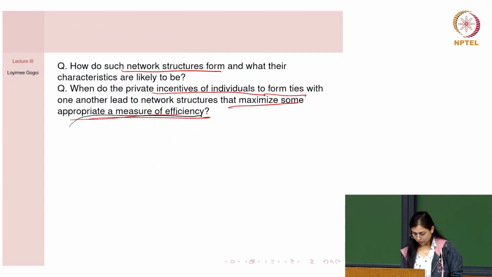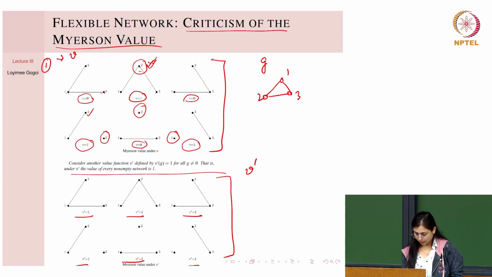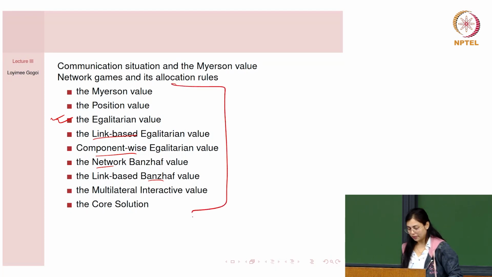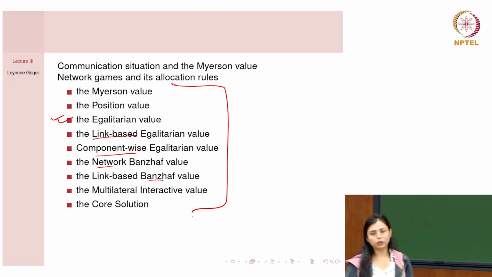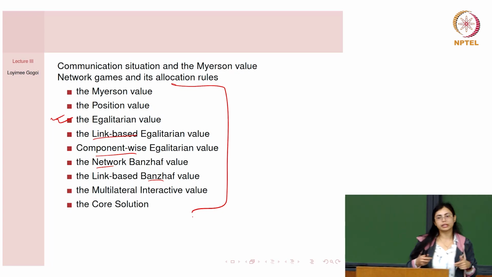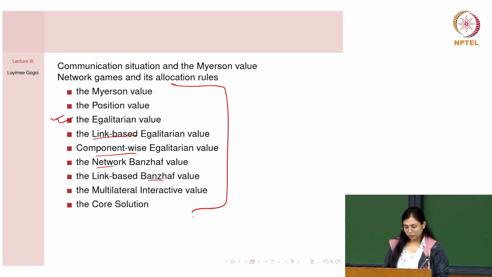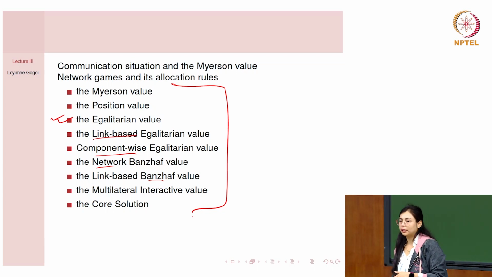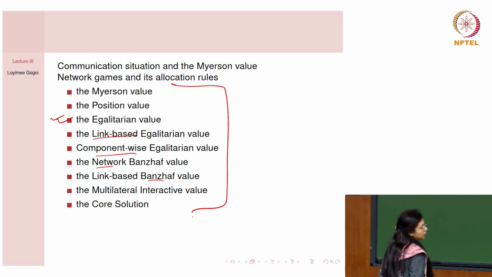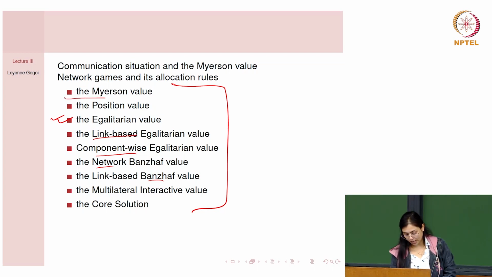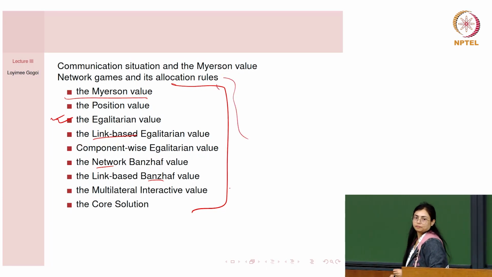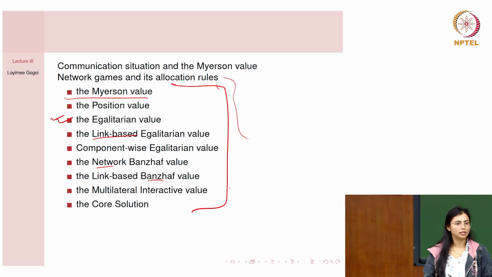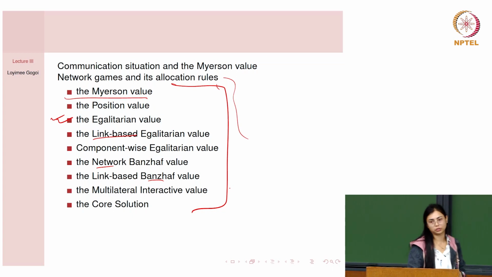But I mentioned a lot of allocation rules in the last class also. We can have this many allocation rules, or we can talk about more. For different situations, if we apply some allocation rule, players will benefit more, right. So no one has talked about efficiency and pairwise stability, or stability conditions, for the other allocation rules, beyond the Myerson value and mostly the component-wise Egalitarian allocation rule. But what about the other allocation rules? No one has discussed anything about it. There is no modeling of other allocation rules.